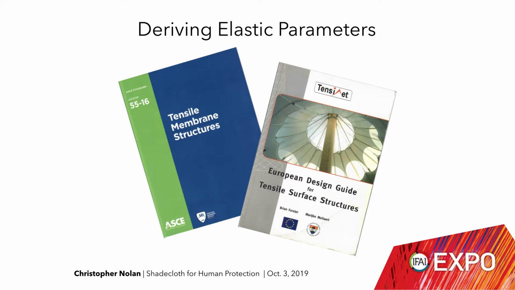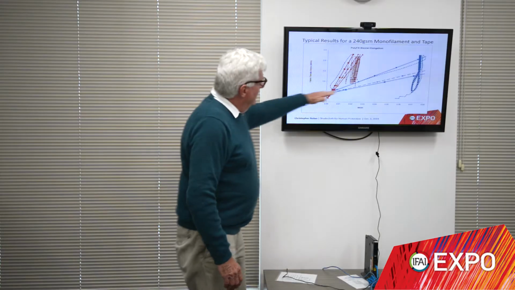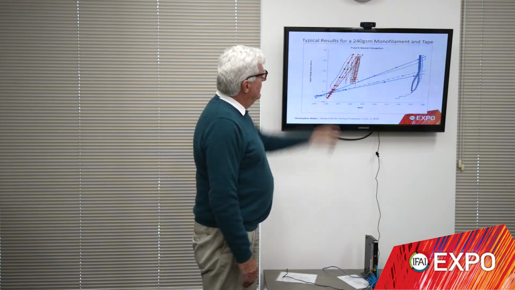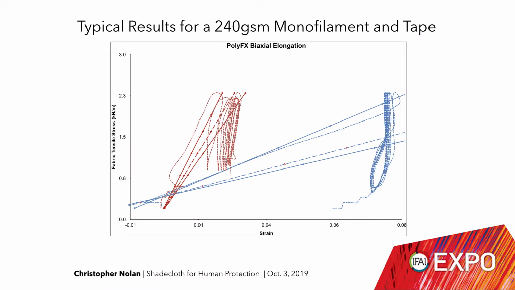procedures to be done. If we look at the outcome here for a typical result for a 240 GSM monofilament and tape, the first line here, you've got the approximation. These straight lines here, here and here are the approximation to the biaxial results, which is shown dotted there. The blue is in the warp direction and the red is in the weft direction.